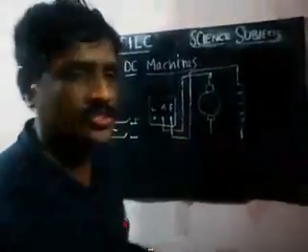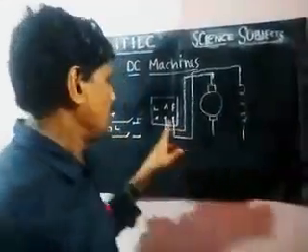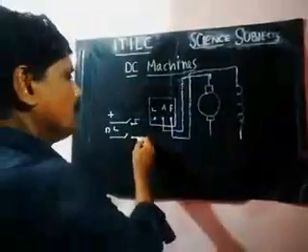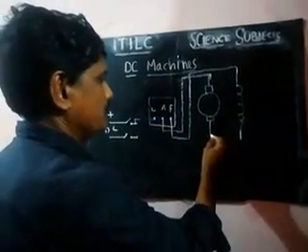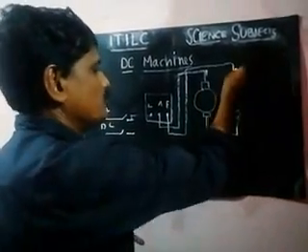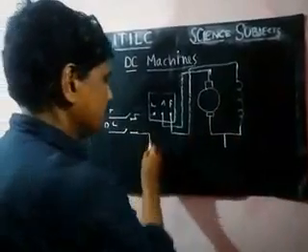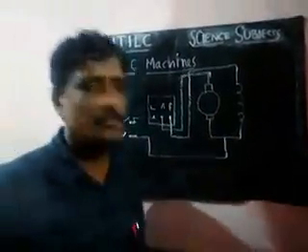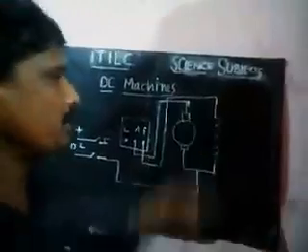Accordingly, the connections were given. Next, both the points are joined together, and the negative is joined like this. Then the motor gets started and we can work.